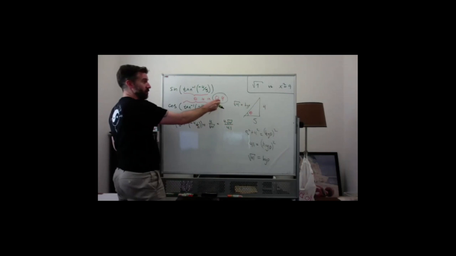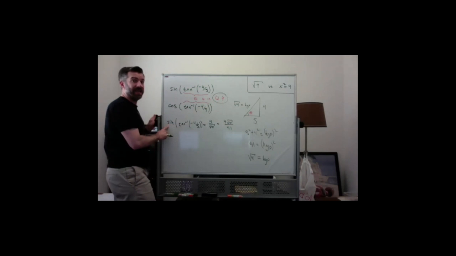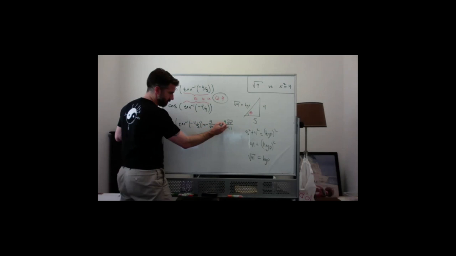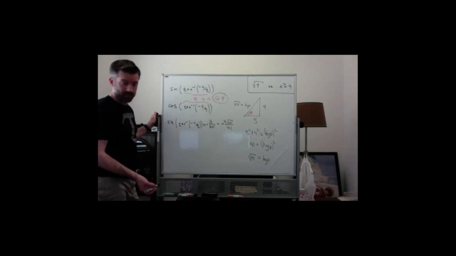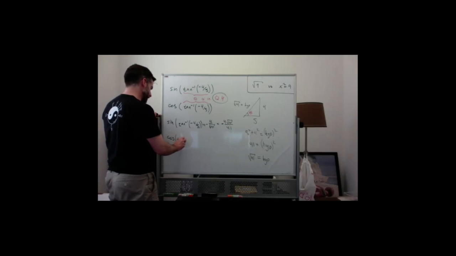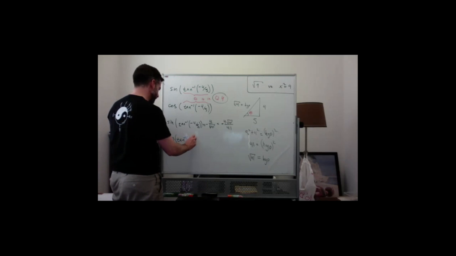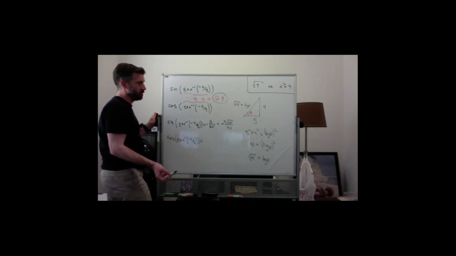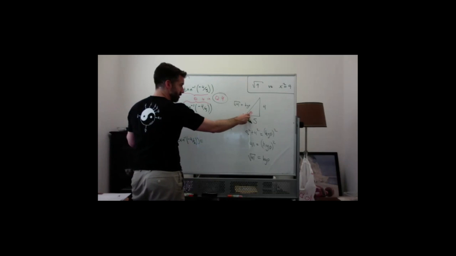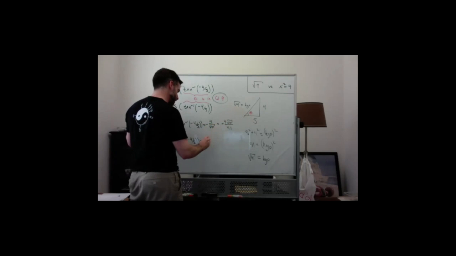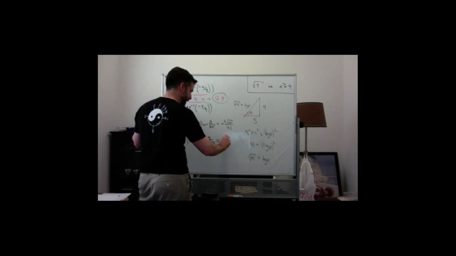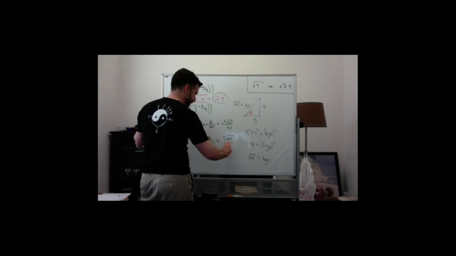Since we're in quadrant 4, sine is negative, so it's really -4 root 41 over 41. In a similar way, cosine of inverse tangent of -4/5 is adjacent over hypotenuse, which is 5 over root 41, which rationalizes to 5 root 41 over 41.